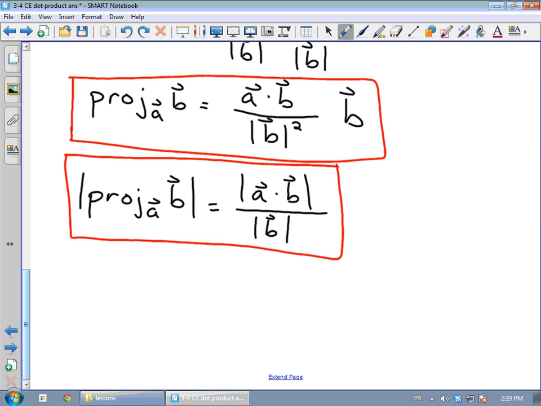How do they get from one to the other? Well, you can see here we're just taking the magnitude of the numerator, magnitude of A dot B, and then if we take the magnitude of this B term here, we get another magnitude B, so they cancel out, a magnitude B and a magnitude B, to get just one magnitude B down on the bottom.